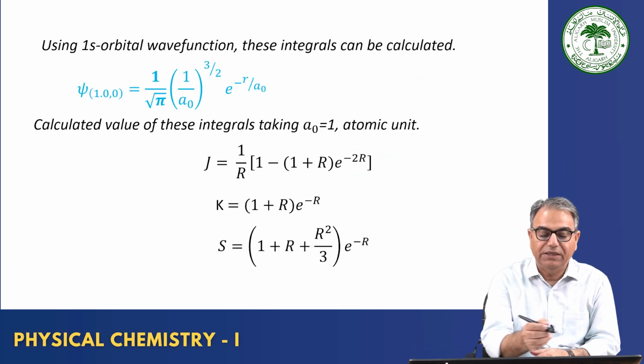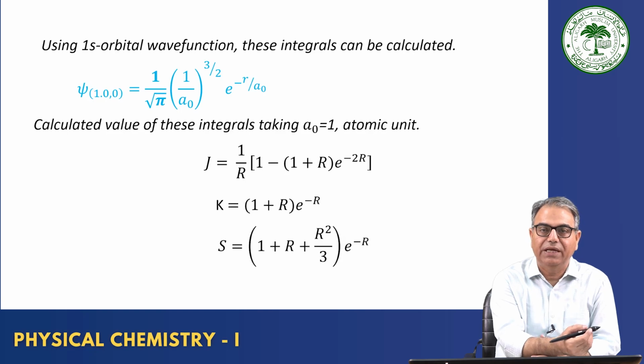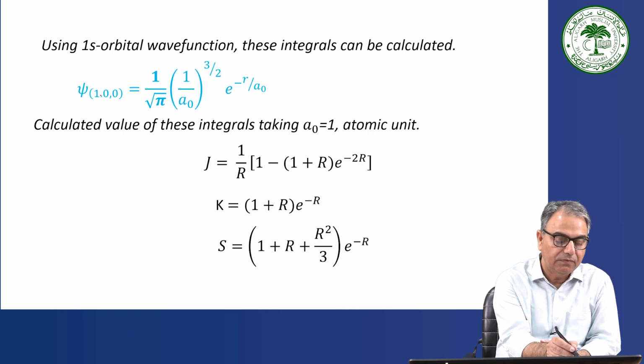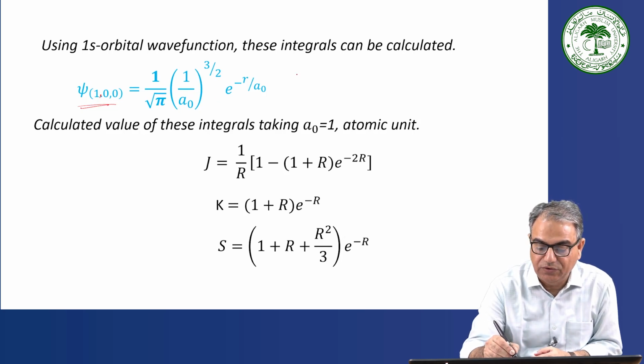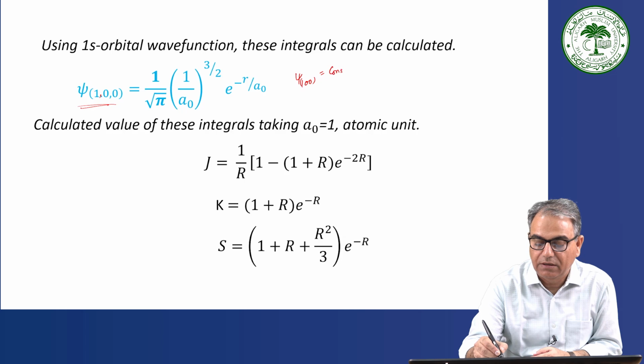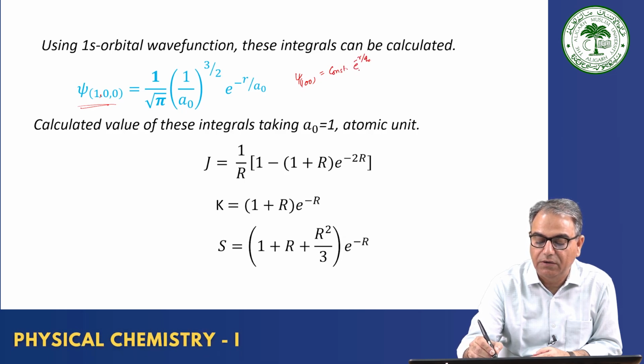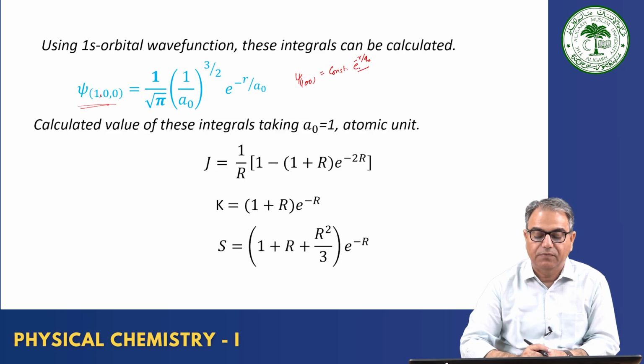So if you write the psi 1s, both 1SA and 1SB, the 1s atomic orbital of hydrogen atom, psi 100, it is 1 by root pi times (1 over a naught) raised to the power 3 by 2. For your convenience I am always writing a constant multiplied by exponential of minus R divided by a naught. Okay. This is the integral.